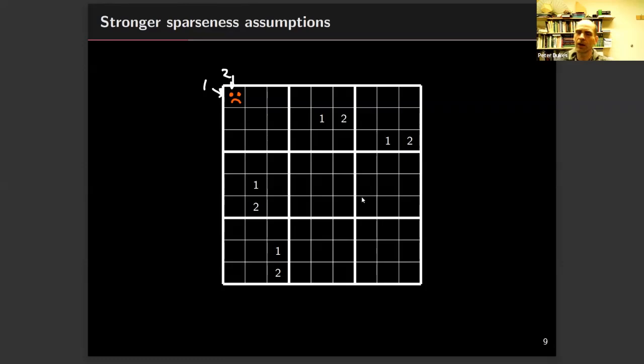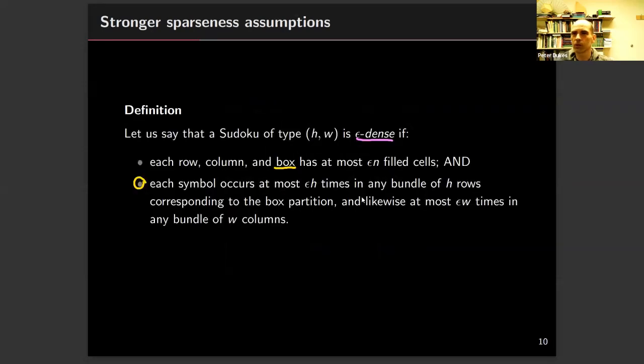If you allow me to define a row bundle and a column bundle in this natural way, we want a stronger sparsity assumption: not only do we want each row, column, and box to have at most epsilon n filled cells, and the same for symbols, but we moreover need that a symbol can't occur very often in a bundle of rows or a bundle of columns.